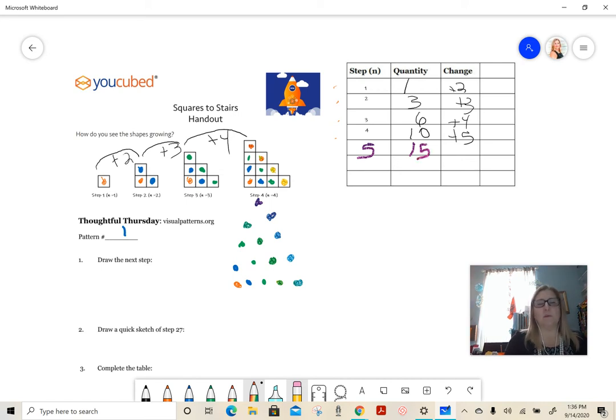So then I would think about, what did I notice and wonder about that? And I noticed that it went 1 right here, and then 2, and then 3, and then 4, and then 5. How many would be over there in the next one? It would be 6. So I noticed those diagonals, right?